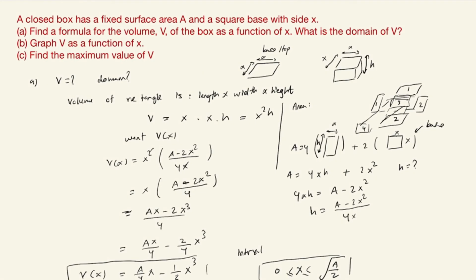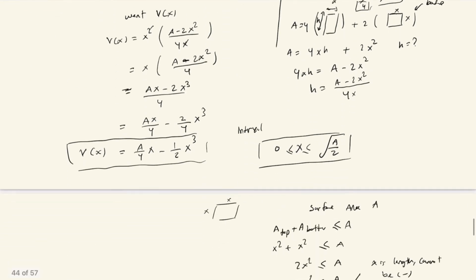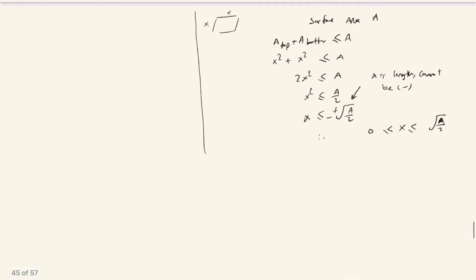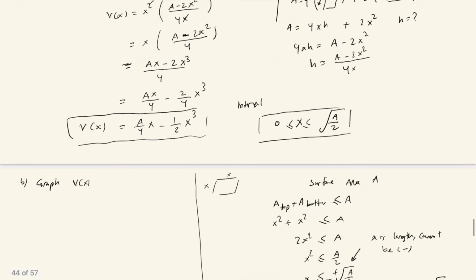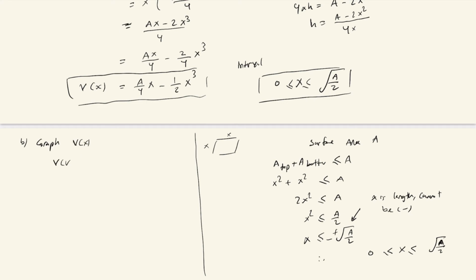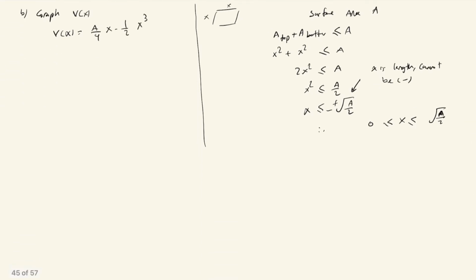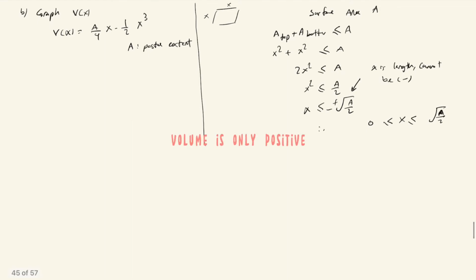Now for part B, graph the function V in terms of x. So remember here, V of x is going to be A over 4 x minus one half x cubed. Now A is a surface area, and area is just positive, so A is just a positive constant.